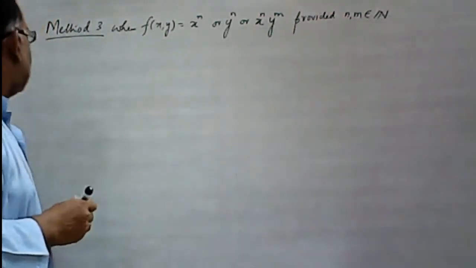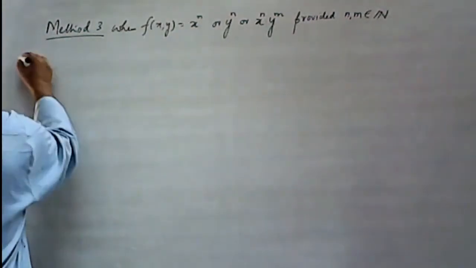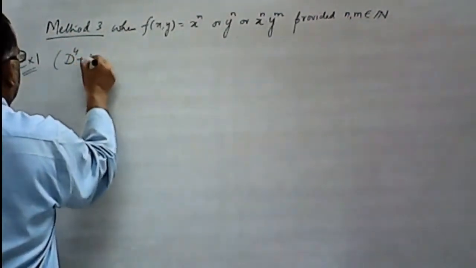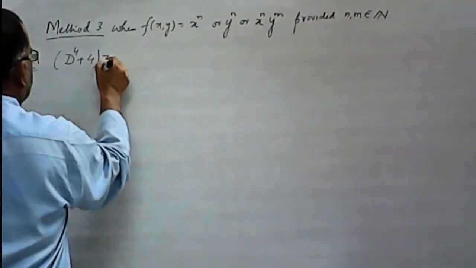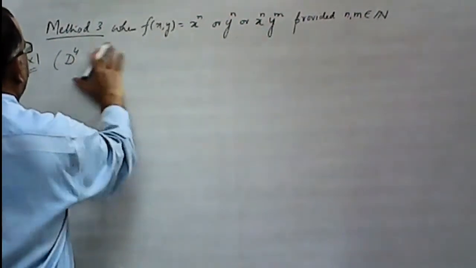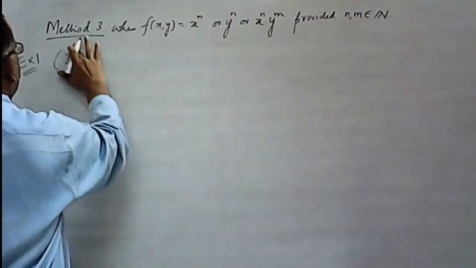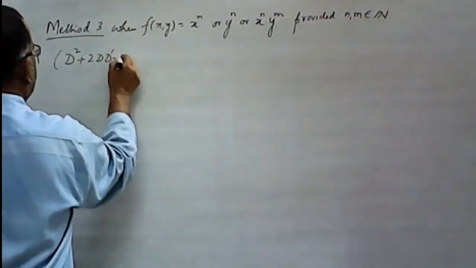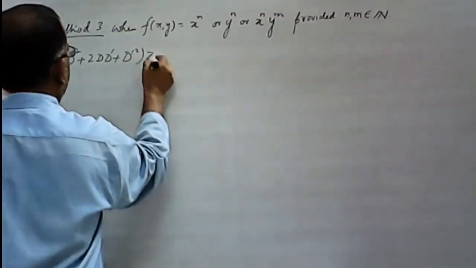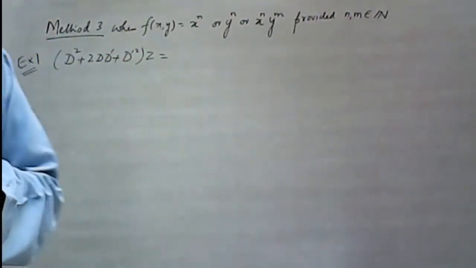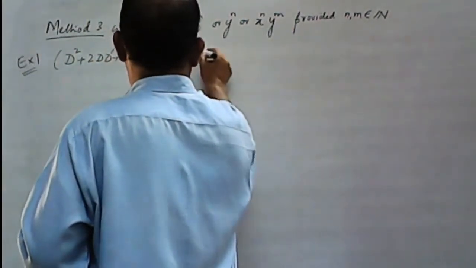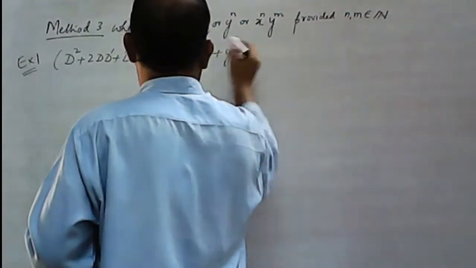So, considering the examples one by one, example number 1, let's say we have an equation like this: D square plus 2DD dash plus D dash square of z is equal to x square plus xy plus y square.